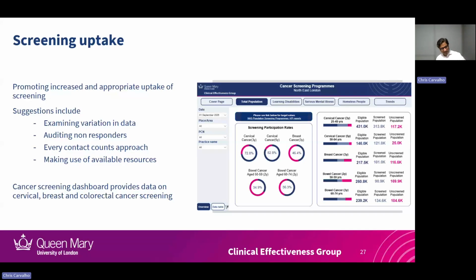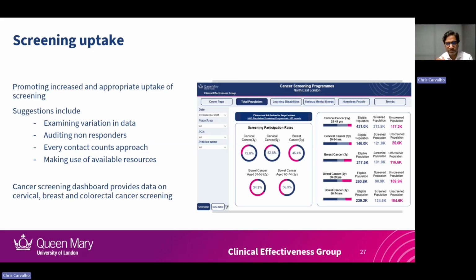The other aspect of the cancer ask is around the screening uptake. So that ask is around promoting increased and appropriate uptake of screening. The suggestions include examining variation, auditing non-responders, making every contact count, and making use of available resources. With those resources, one of the things that we have here, there's two dashboards.